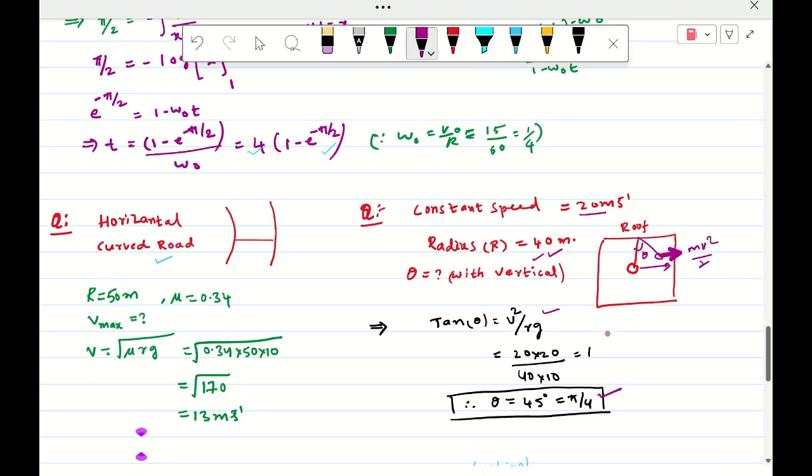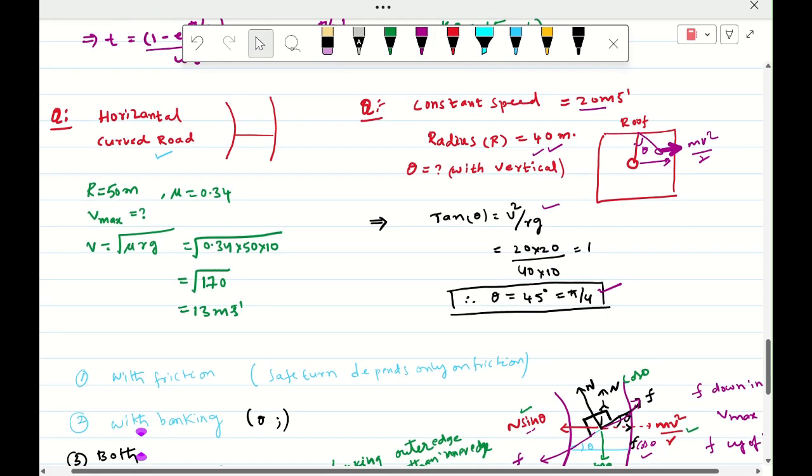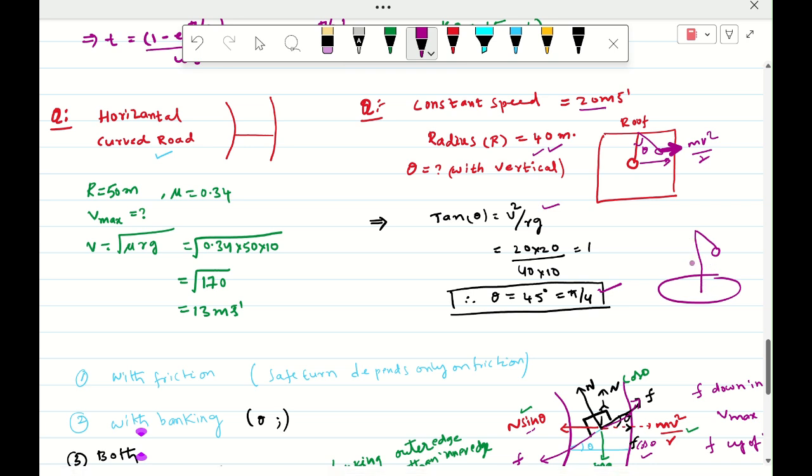The same thing, one more model they will ask. Here there is a rotating drum on a vertical shaft. The particle is connected and suspended like this along this one. Now it is making a horizontal circle. Then theta is equal to how much?